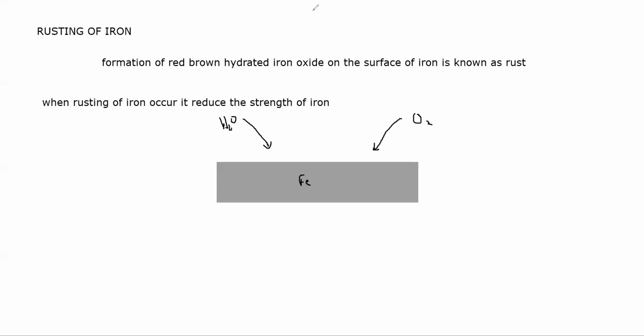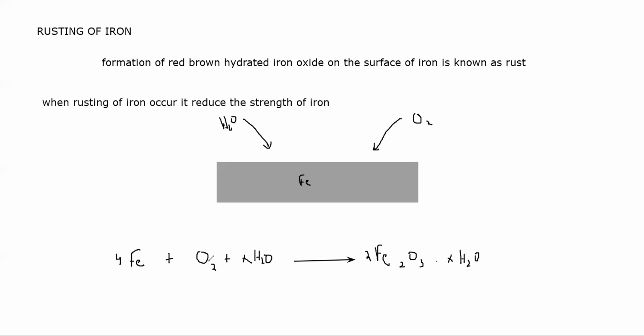What will be the formula of this compound? If we say iron is reacting with oxygen and water molecules, this will result in a formation of iron oxide, Fe2O3.xH2O. It means the water molecules can have a variable percentage.